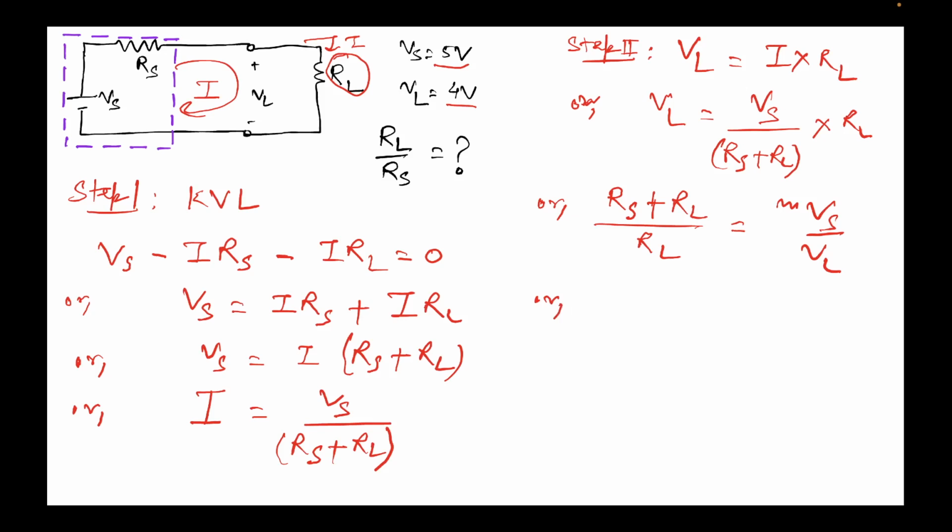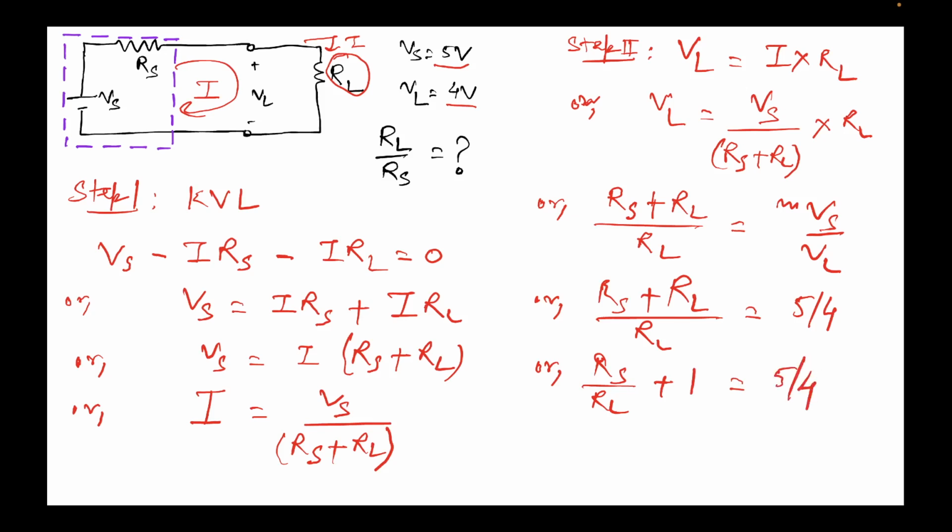Since we already know the values of Vs and VL, we can plug in those values, and I can write (Rs plus RL) over RL equal to 5 by 4. Simplifying further, I'll simply divide the LHS by RL. So I'll write Rs over RL plus 1 equal to 5 by 4.